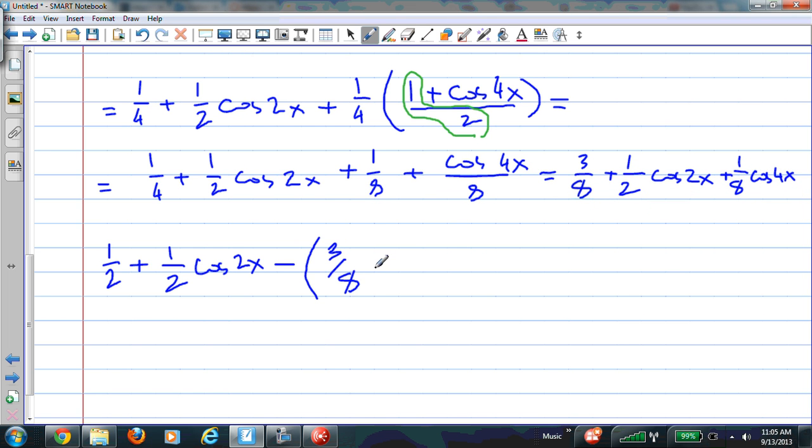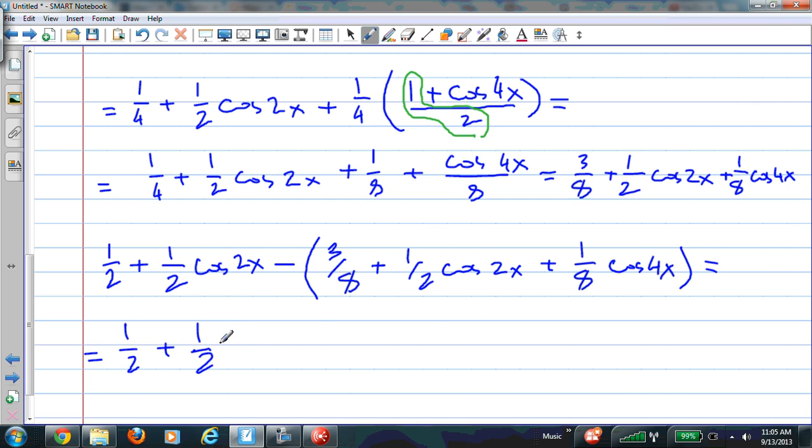3/8 plus 1/2 cosine 2x plus 1/8 cosine of 4x equals, no calculus, just trig and algebra, 1/2 plus 1/2 cosine 2x minus 3/8 minus 1/2 cosine 2x minus 1/8 cosine of 4x.